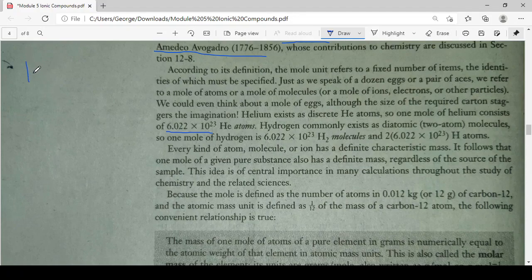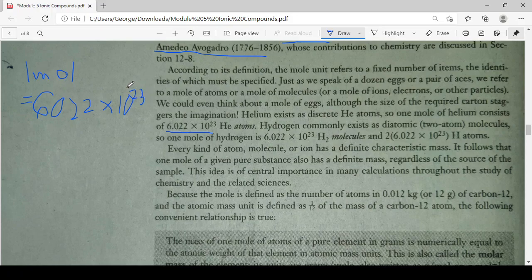Again, 1 mole of any compound or substance, whether hydrogen, oxygen, carbon, or any other element, is always equal to 6.022 times 10 raised to the power of 23. That is the 1 mole, okay?